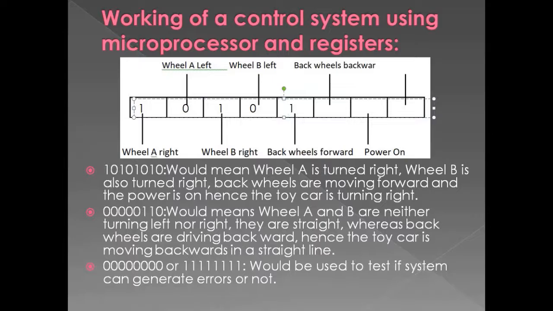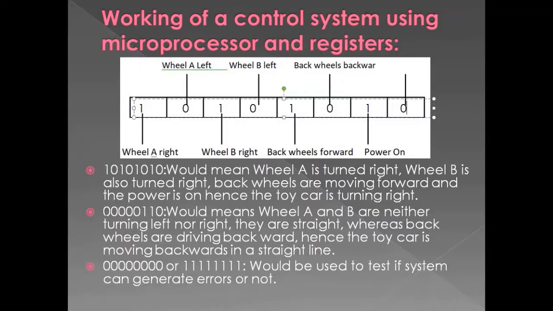Then there is another one, which means that the back wheels are moving forward and the backward functionality is off. And then we have another one, which means power is on. It means that wheel A is turned right, wheel B is also turned right, back wheels are moving forward and the power is on, hence the toy car is turning right.